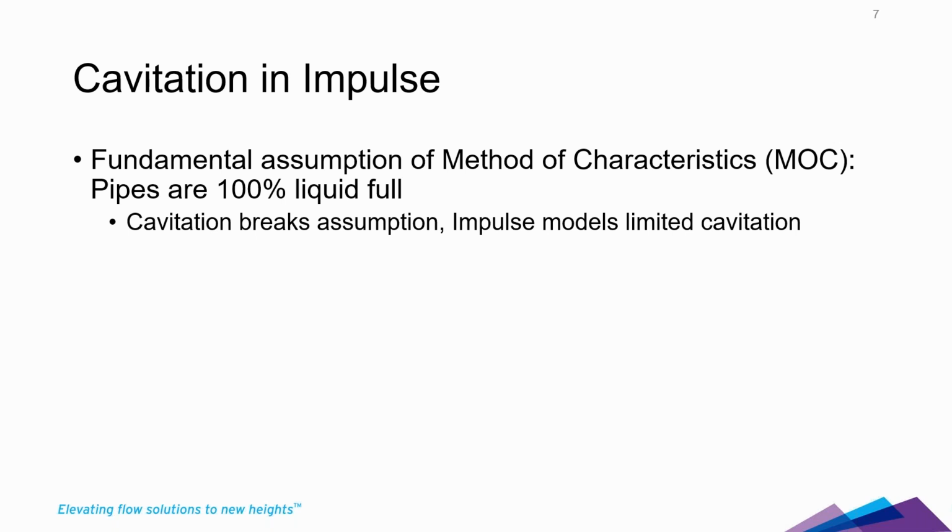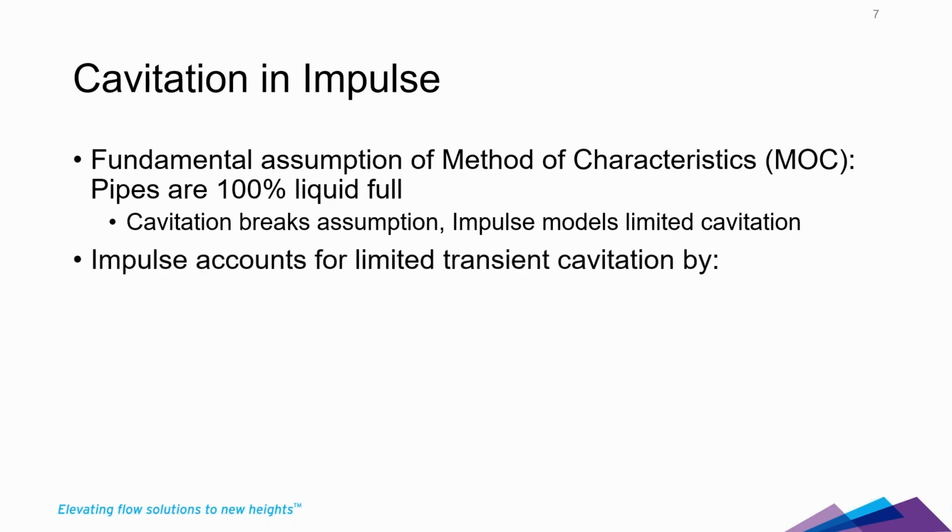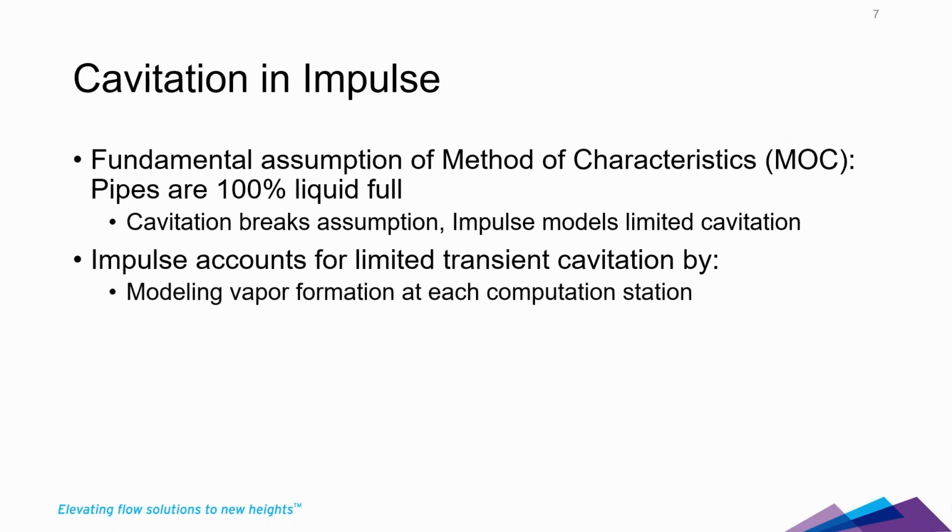All right. So the way that Impulse accounts for limited transient cavitation is, this is something to remember, that the vapor formation that's happening inside the pipe is staying local to each computation station in the system. Now, this webinar is not a deep dive of the basics of Waterhammer and how it's dealt with.